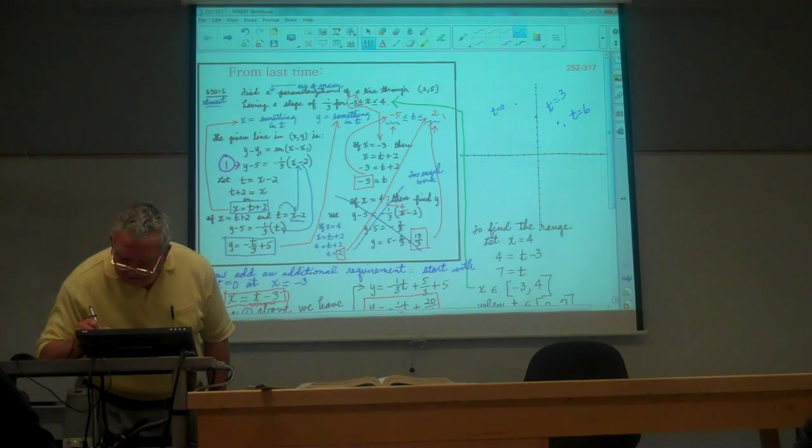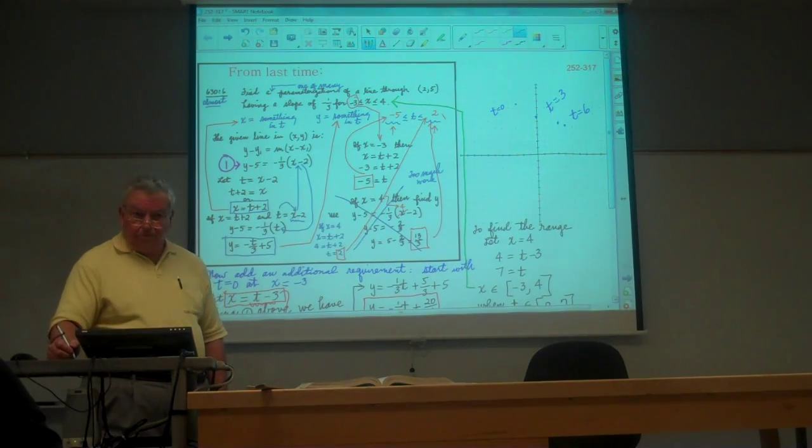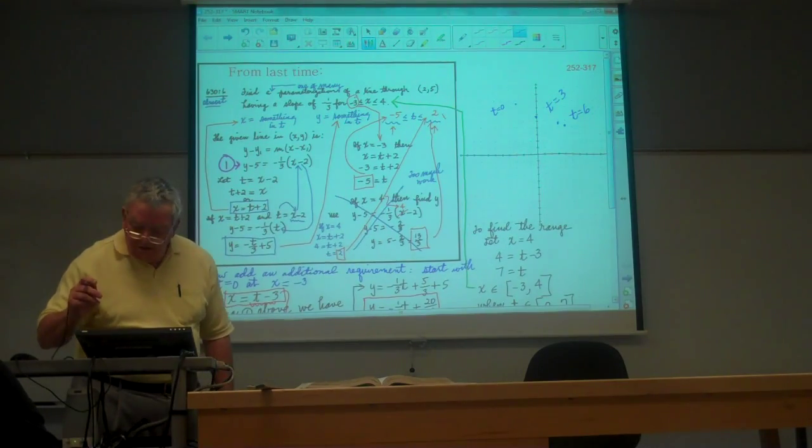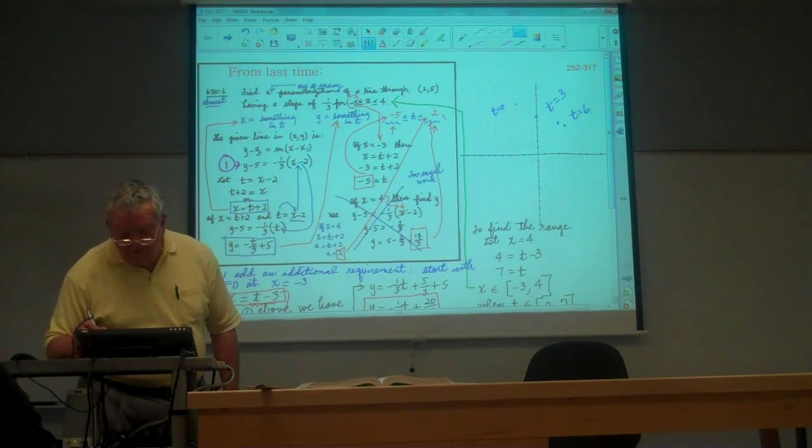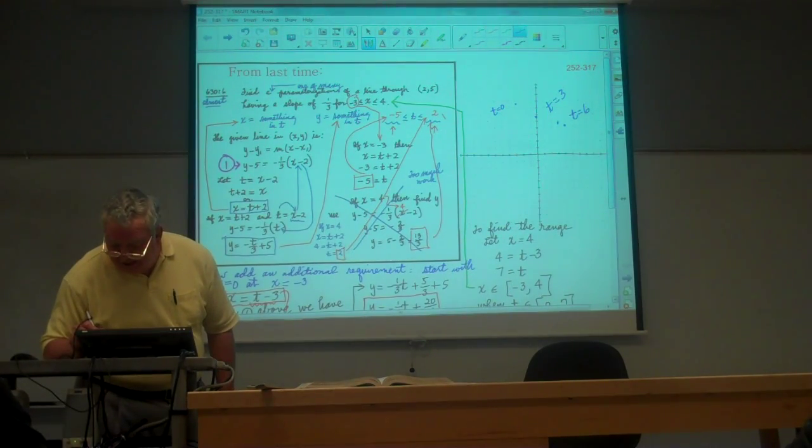About there. Everybody agree? Did your t equals 0 need to be moved down a little bit? I'm going to have to work on it to make it a line, huh? This is t equals 7.